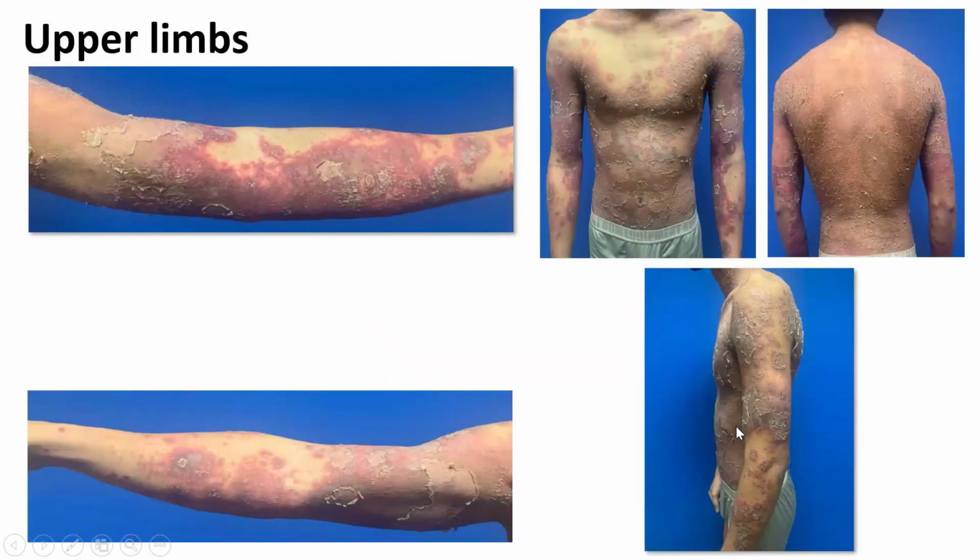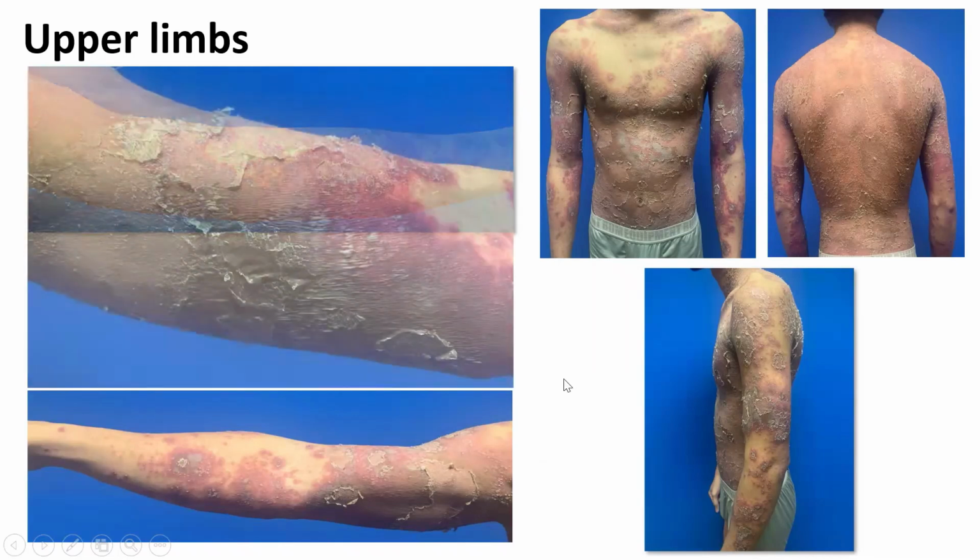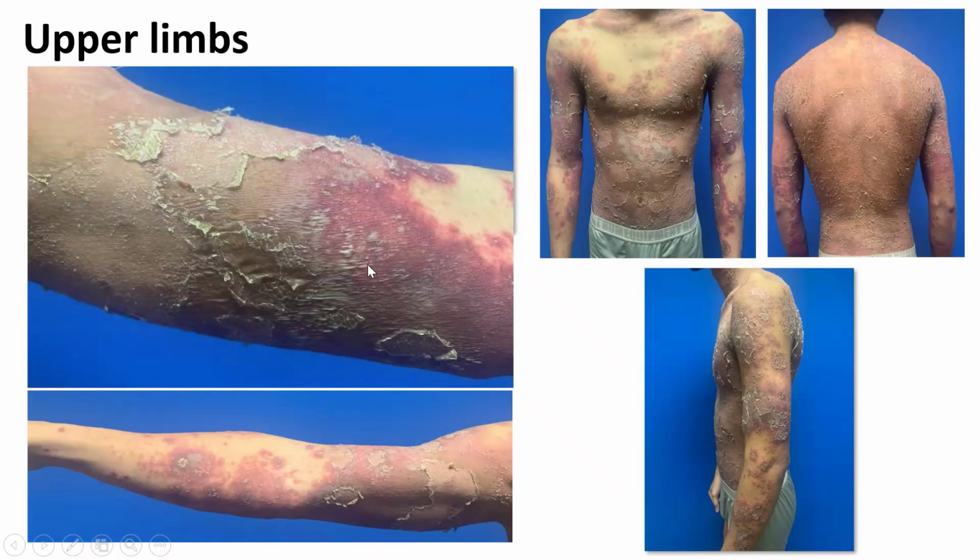Next, the upper limbs. We should assess both sides collectively, and you can see here it's very extensively involved. You can appreciate the dusky erythema, and if I close up the photo of the arm area, you can see there's lakes of pustules, very dusky, almost purplish color erythema, and there's moderate scaling.